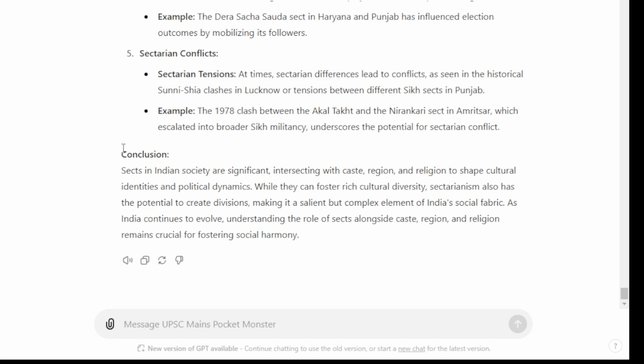The boundaries of caste divisions intersect with the boundaries of sectarian divisions. That would be a better thing. Alright, that's it for this question.